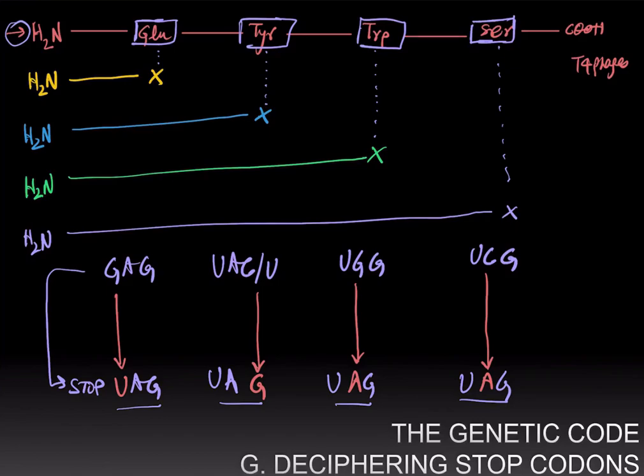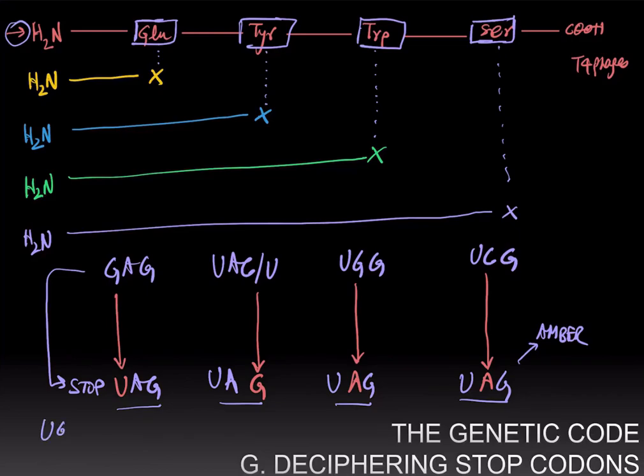And the reason truncated proteins tend to end at these amino acids is because these codons are just one base pair away from the UAG stop codon, and this UAG stop codon is called the amber codon. And similar types of experiments uncovered two other kinds of codons.